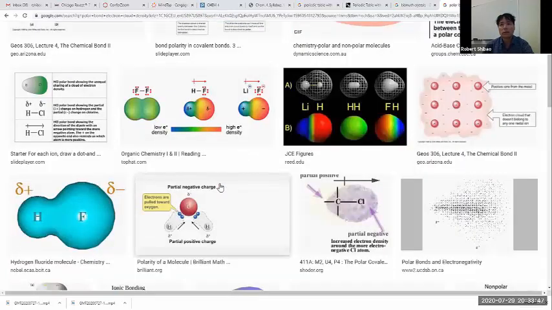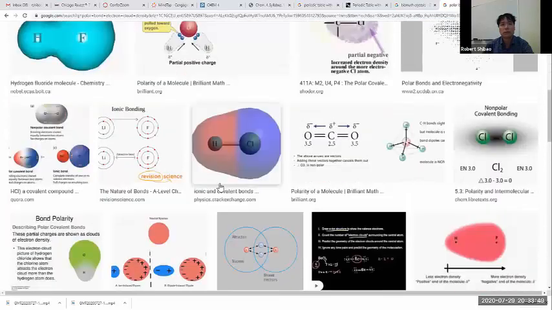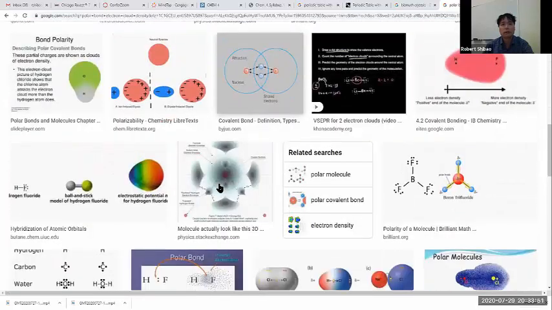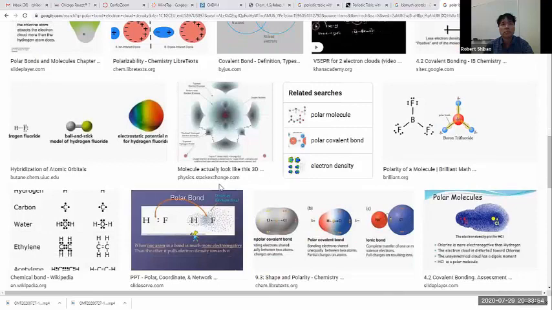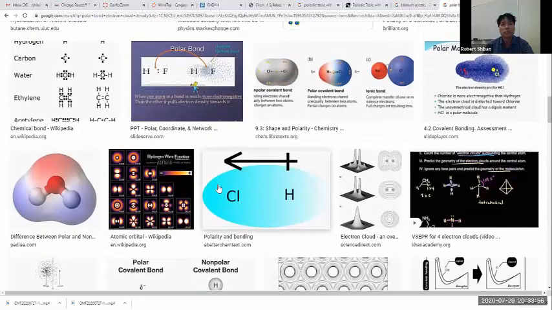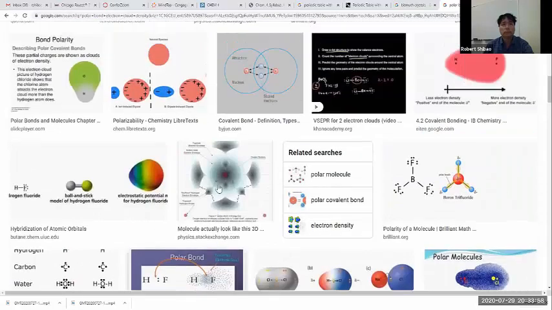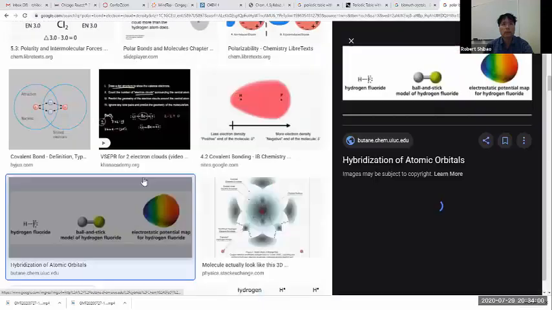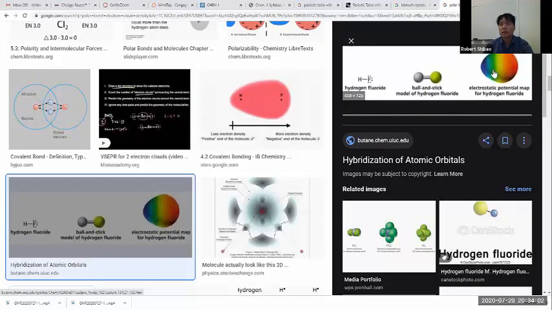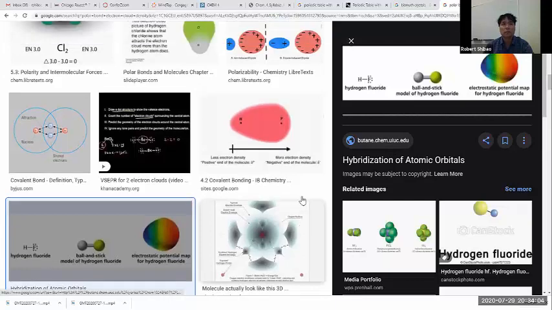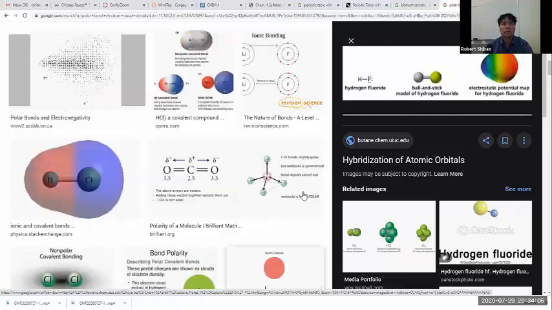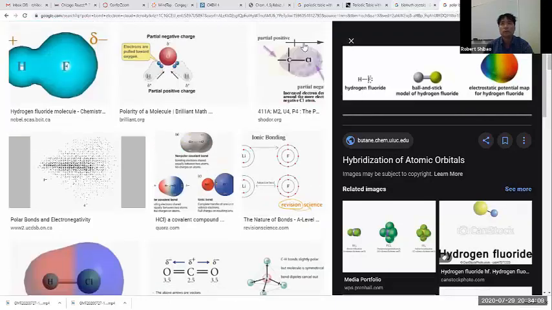Electron cloud, electron map. Here we can see it, the skewing of the electron cloud. You can also see it in Spartan.